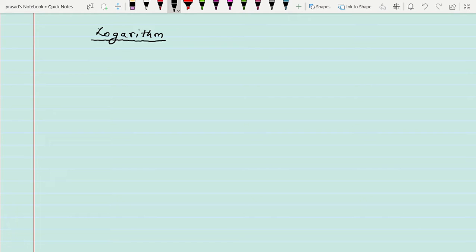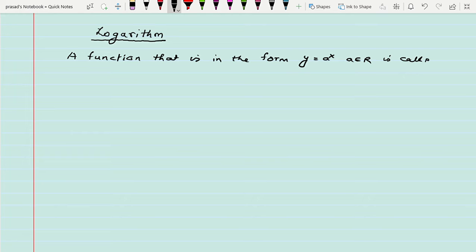So first of all, keep it in mind that a function that is in the form y is equal to a to power x, where a is any real number, it's called an exponential function.